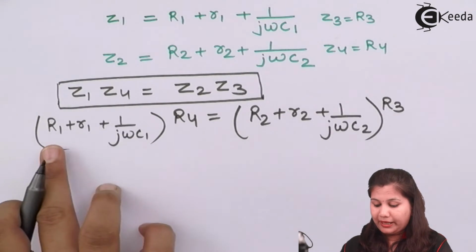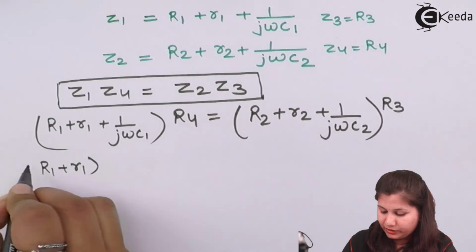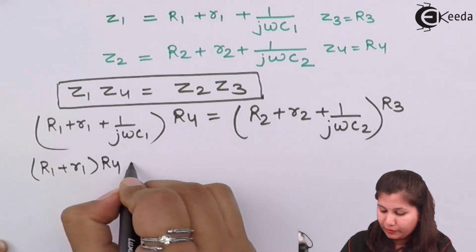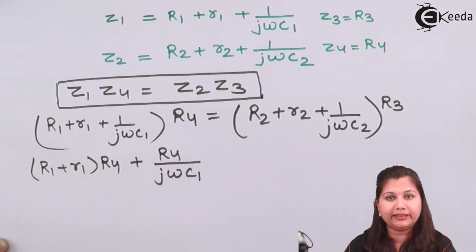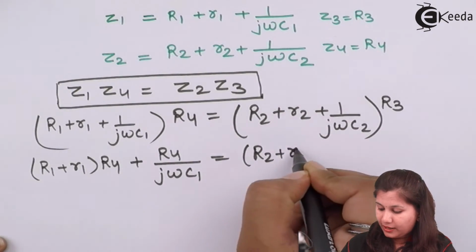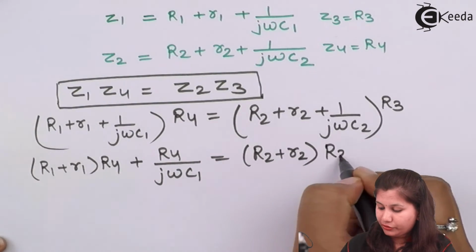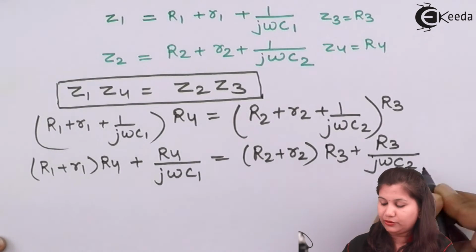Now when we multiply R4 inside, it will be R1 plus small r1 multiplied with R4 plus R4 upon j omega C1. Also here we can write it like this, R2 plus small r2 times R3 plus R3 upon j omega C2.